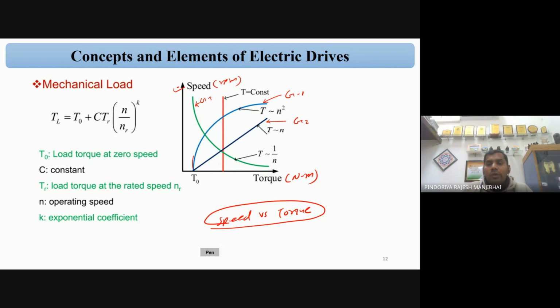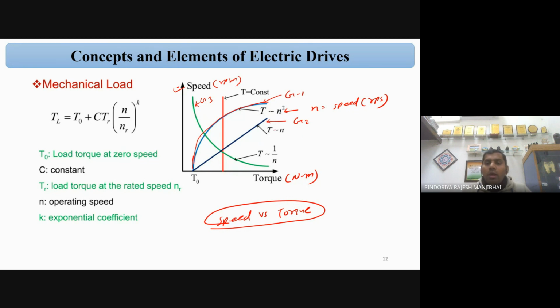So we have 3 graphs on the speed torque characteristic. This is the parabolic graph number 1, where T is directly proportional to n square, where n indicates the speed, in radians per second.